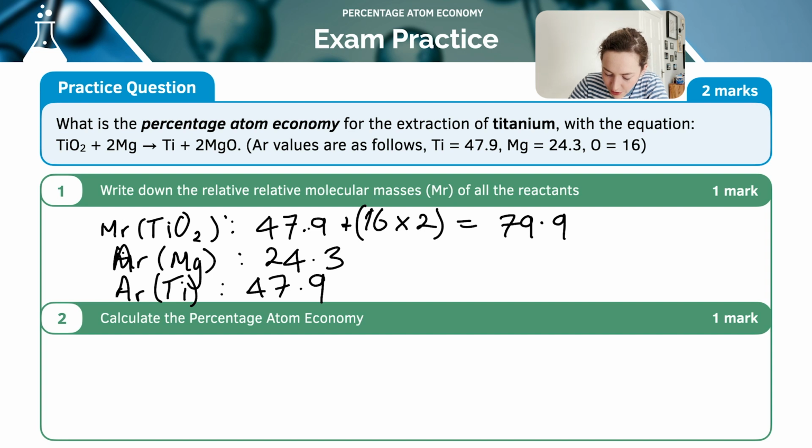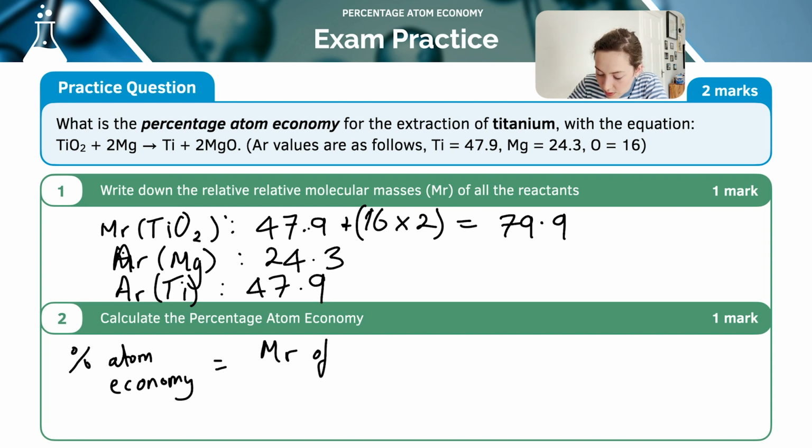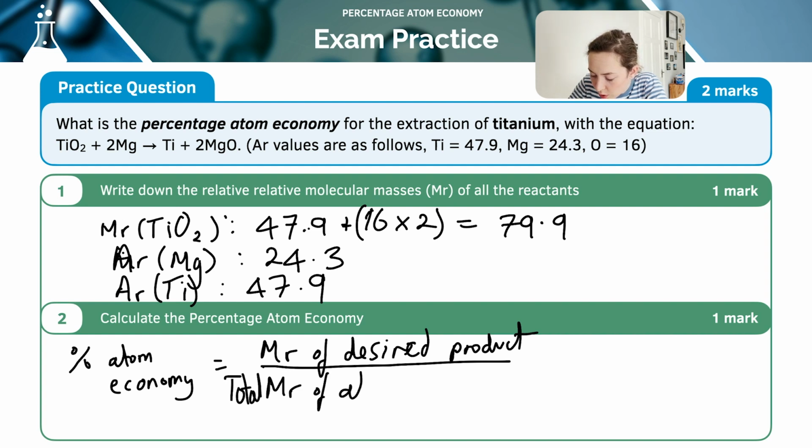Okay, so I've got my percentage atom economy. My calculation is slightly different. It's going to be the Mr of the desired product divided by the total Mr of all reactants times 100.